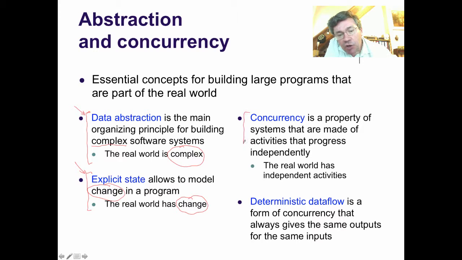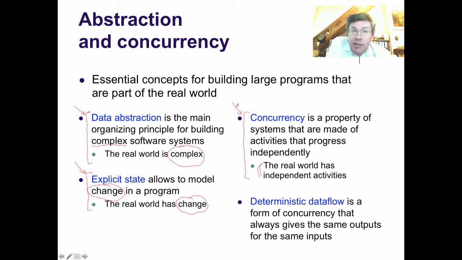And then there is concurrency. Concurrency is a property of a system when you have many independent activities, activities that are progressing independently that do not necessarily interact. The real world, of course, is full of independent activities. We have to be able to mirror this structure inside of a program, and that's what concurrency is all about.